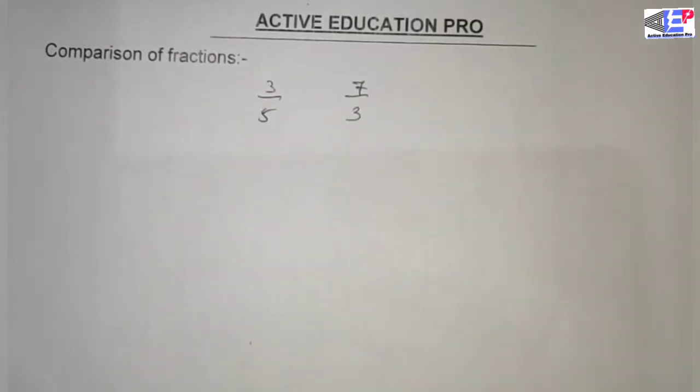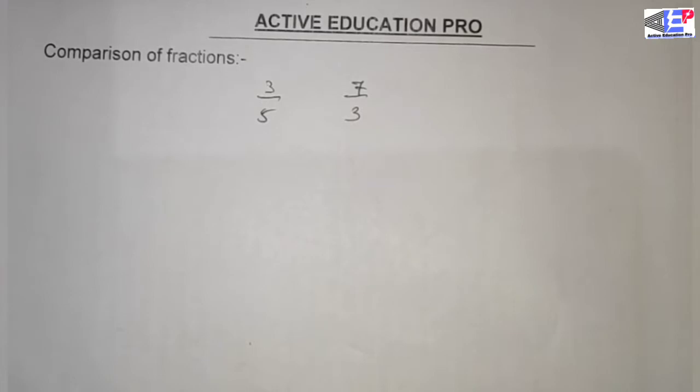So it is not the same as comparing integers, real numbers, or whole numbers. There are some changes to compare fractions, to find which is greater and which is smaller.